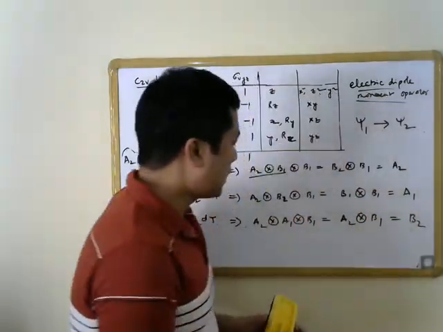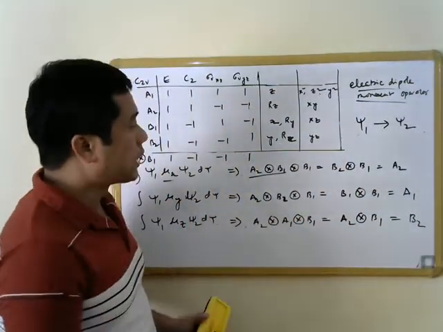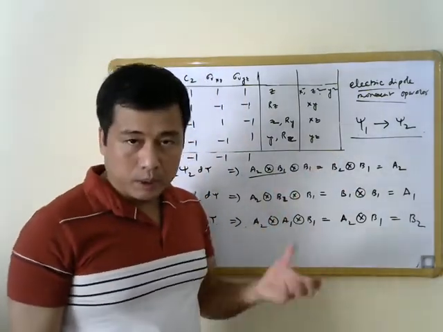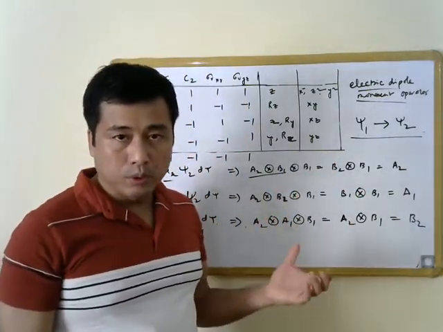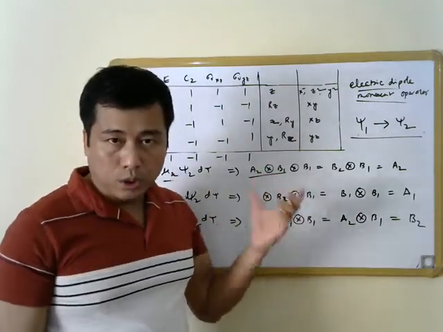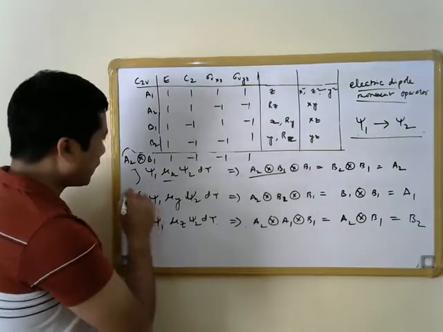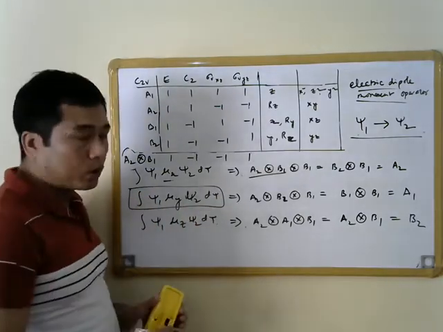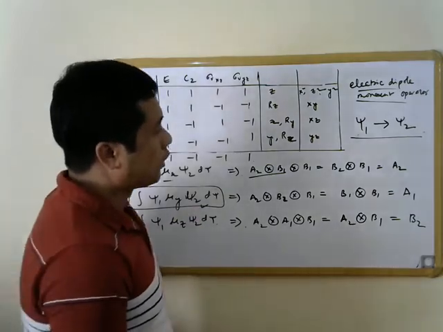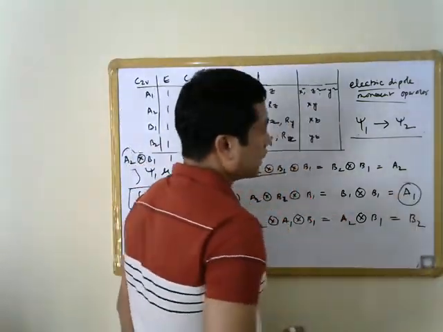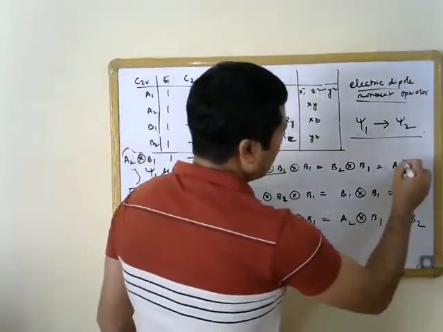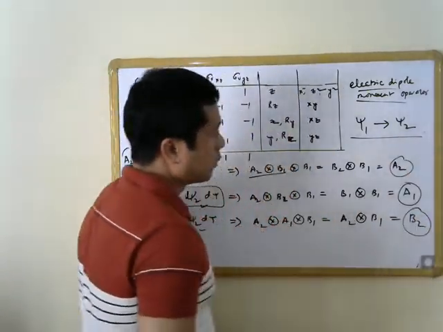So what we have seen over here is that this transition is symmetry allowed, because we have found that this particular integral has non-zero value, as it forms basis for a1 irreducible representation, while these two integrals do not form basis for a1 irreducible representation.